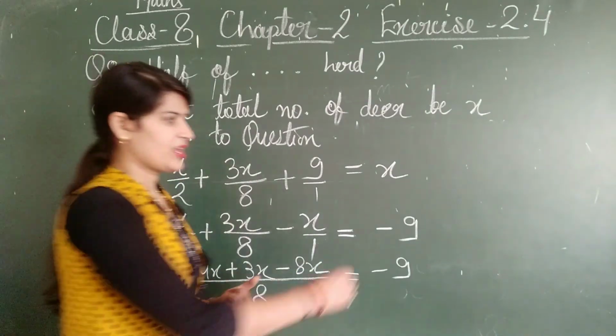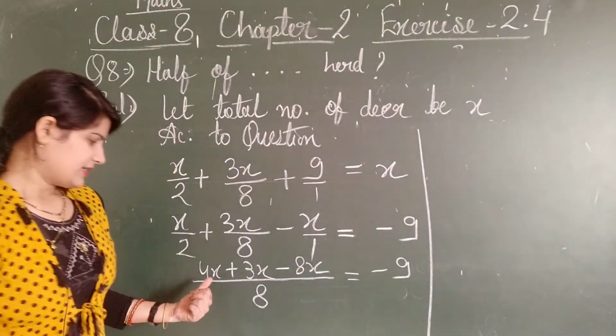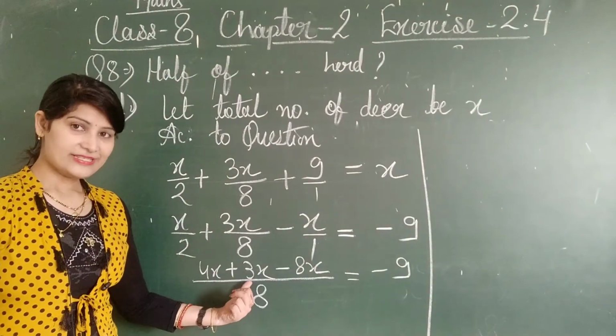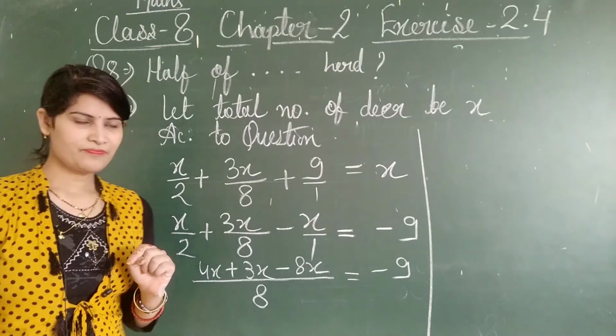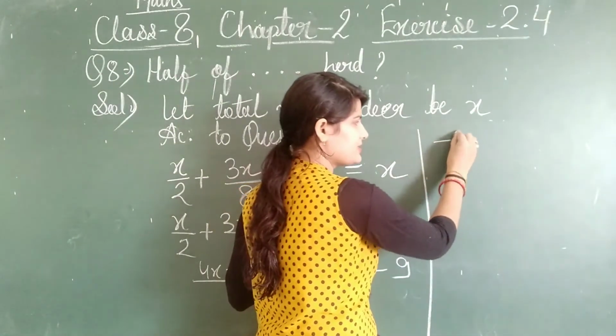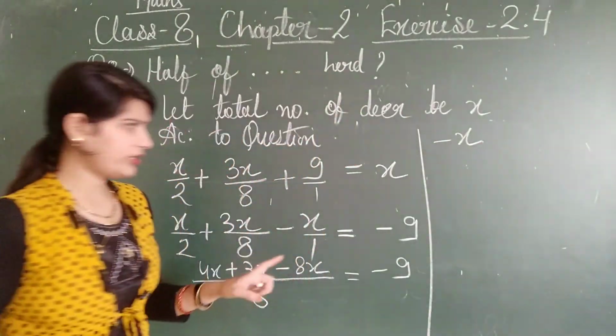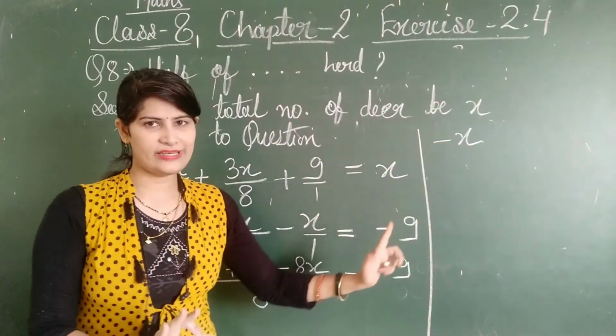What will you get? I am solving here. 4 plus 3, 7. 7 minus 8 is minus 1. So, minus x. Okay. No need to write 1 here because 1 is already here.